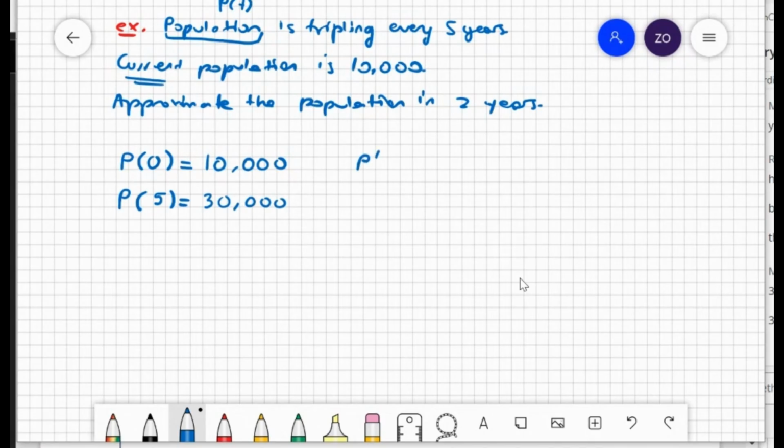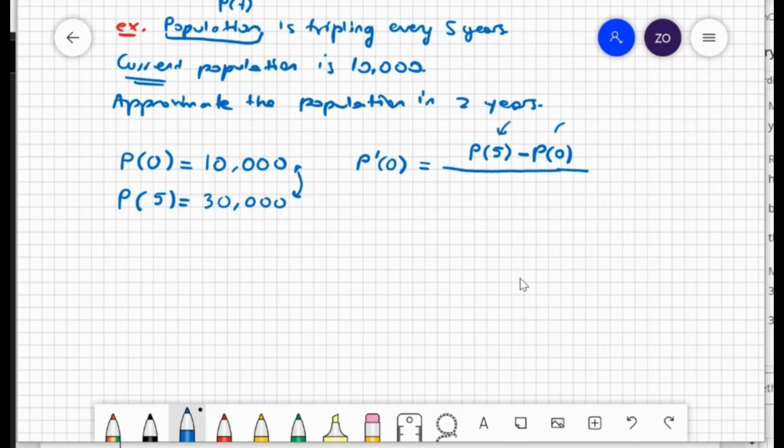So we can approximate the rate of change of the population. Remember, the derivative will be the rate of change, found by comparing these two values. It's going to be the difference between the population after 5 years and the population now, divided by the time that passes between now and after 5 years. So we are just finding the average rate of change.